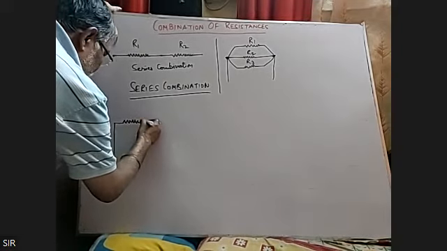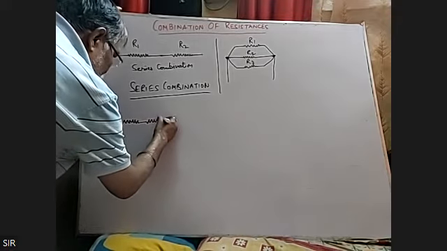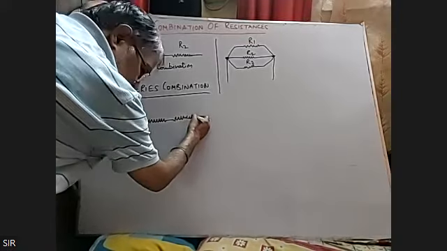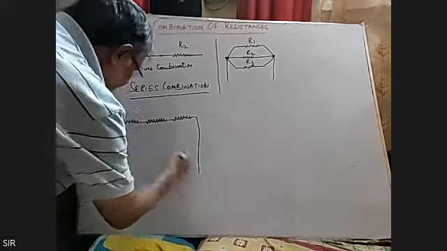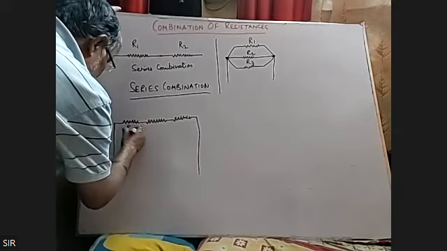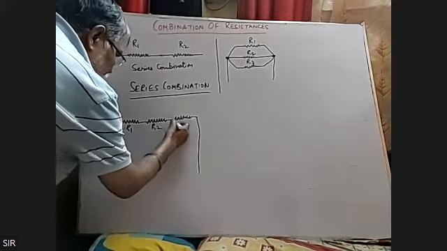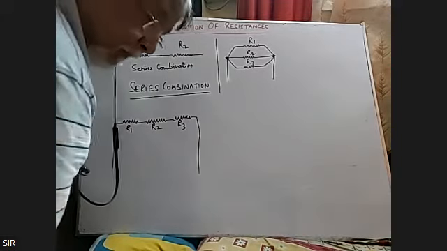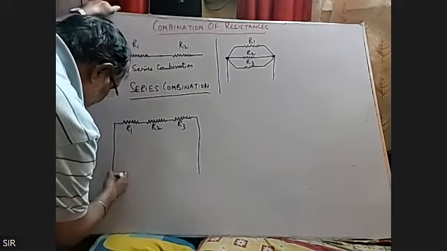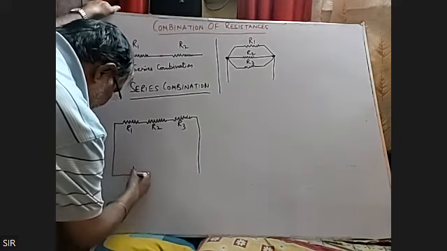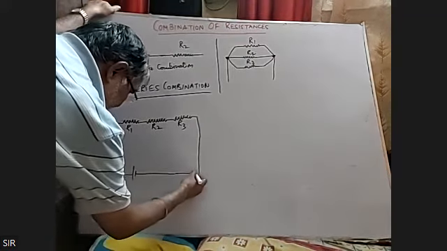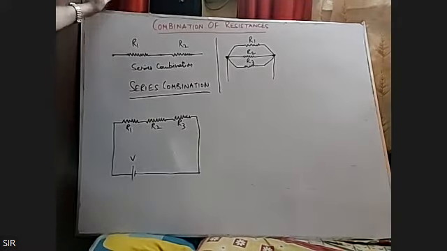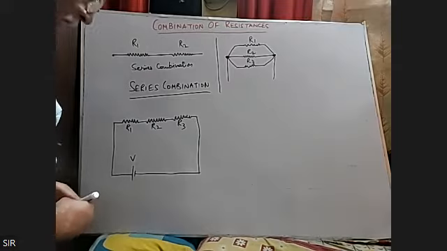One is R1, one is R2, and one is R3. Is it clear up to this? Yes. This is your R1, this is R2, and this is R3. Let us connect them with a cell which has a potential difference V.